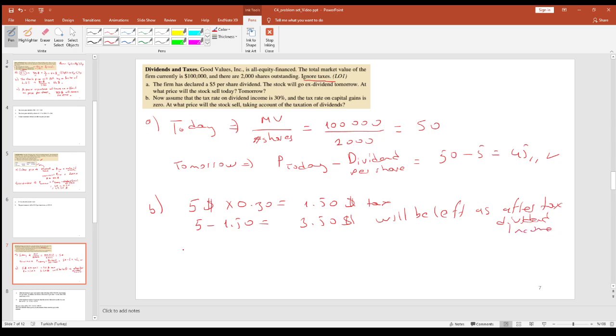For this reason, price for tomorrow will be price today minus adjusted dividend per share. So we are going to find, just a second.